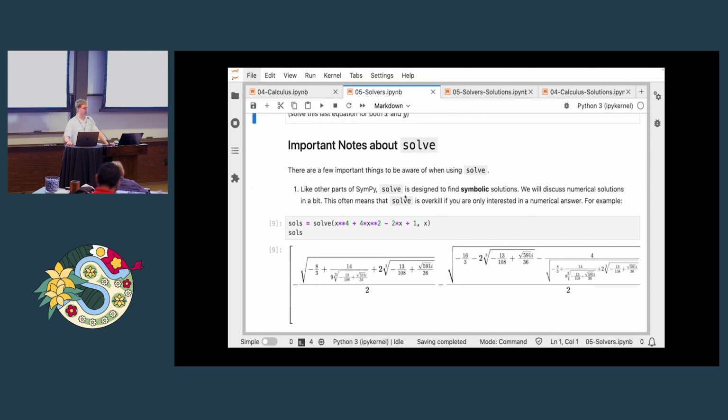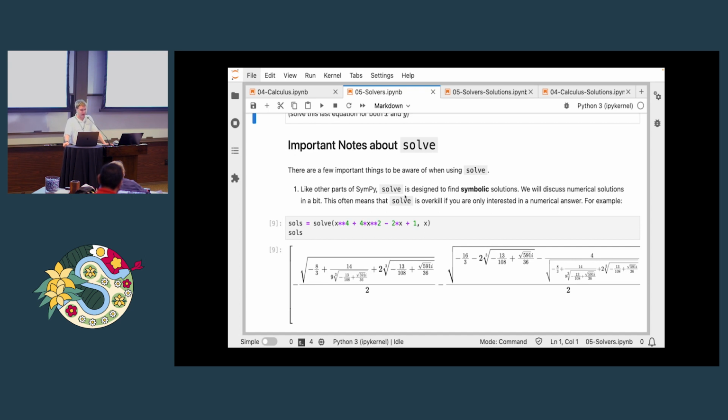So there's a few important things that you need to be aware of when you're using solve. The first thing is to just remember that SymPy is focused on symbolic exact mathematics. So solve is only going to give solutions that are the exact mathematical solution in a symbolic form.